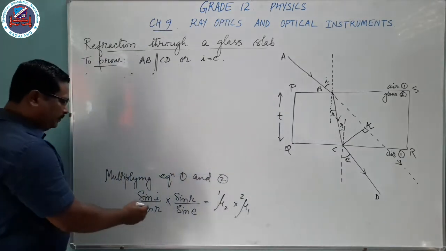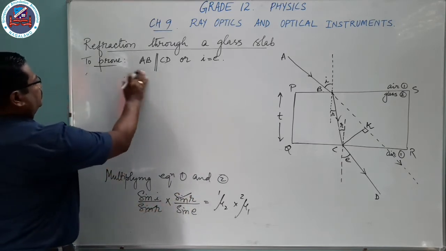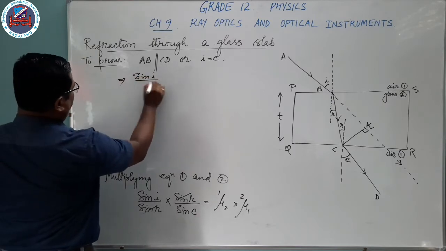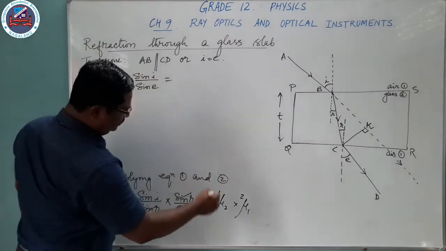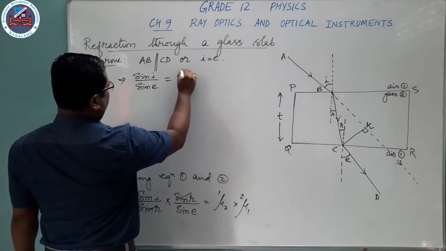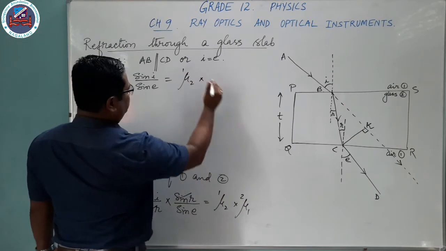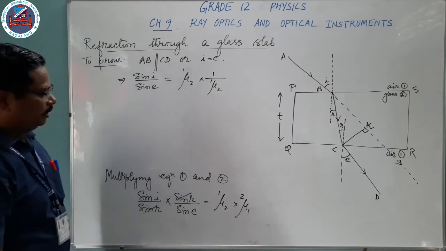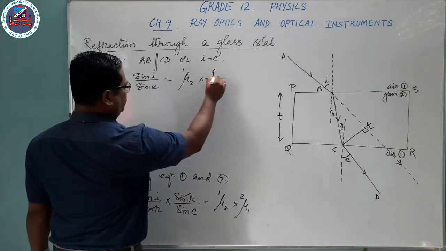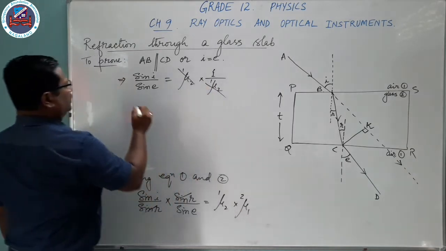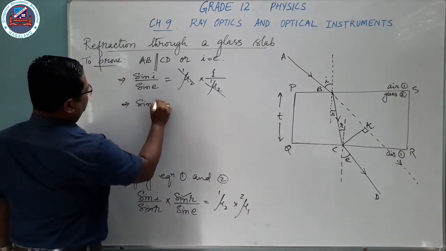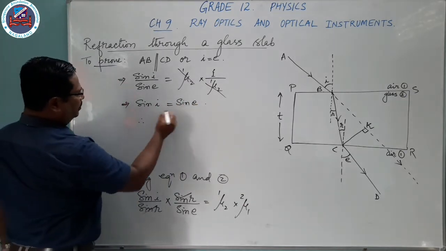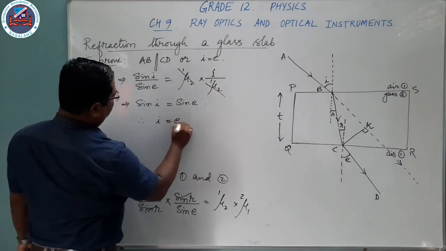If you look at your left hand side, the sin R gets cancelled. So you will get sin I by sin E is equal to refractive index of second medium with respect to first. This one you reciprocate using the principle of reversibility of light. Then you will get refractive index of second medium with respect to first reciprocal. These two you can cancel out, and then on cross multiplication sin I is equal to sin E. Therefore, removing sin from both sides, you will get I is equal to E.